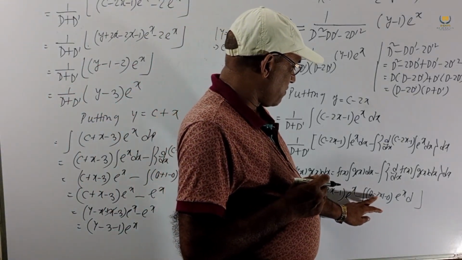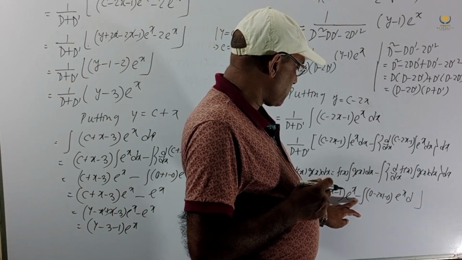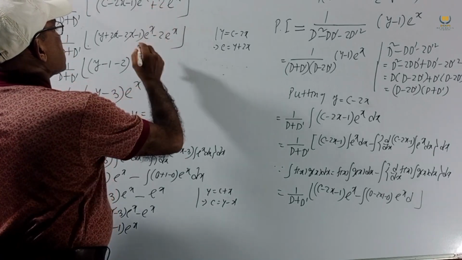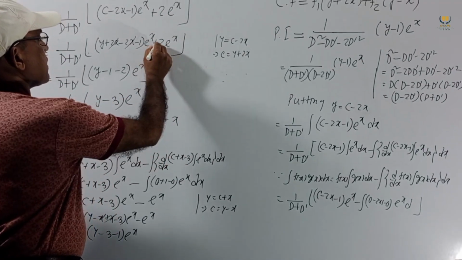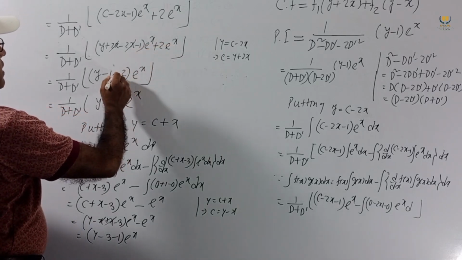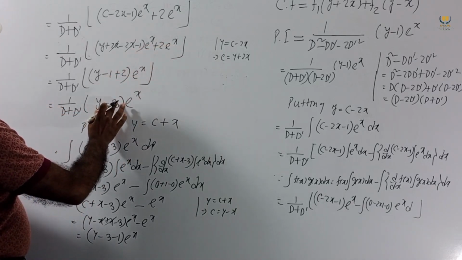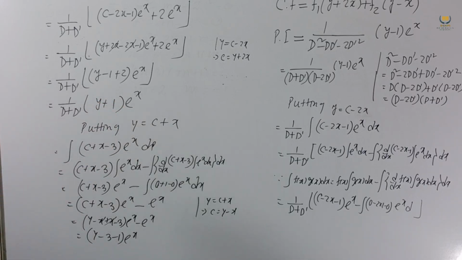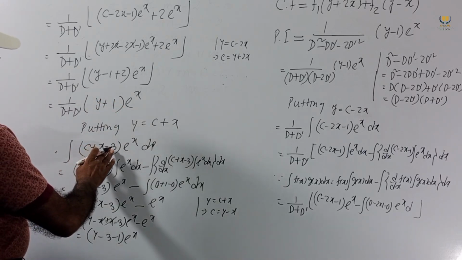Here this is minus 2, minus plus we get, but I have written minus. This will be plus, this is plus, and if we take e to the power x common, then this is plus, and this is plus 1 we get, plus 1.